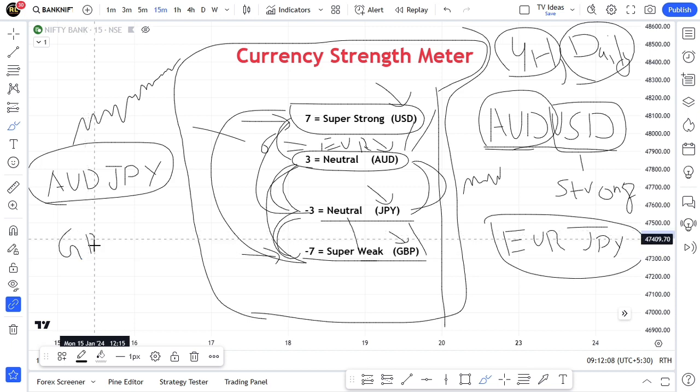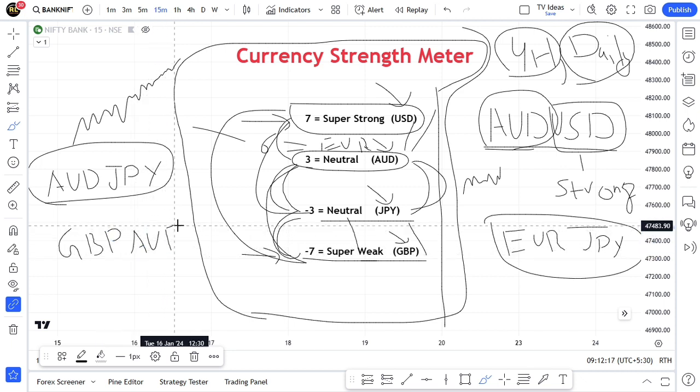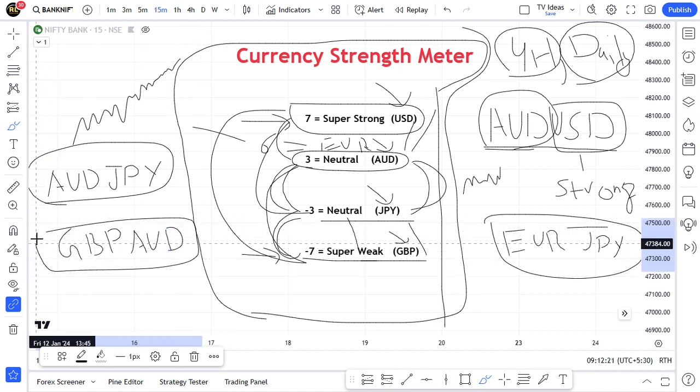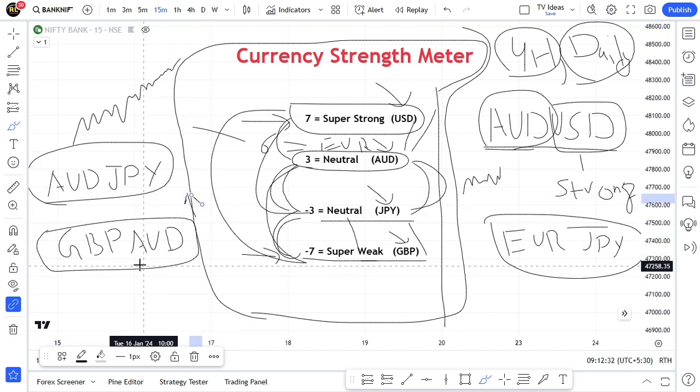As per your technical analysis, you found that it's good to go for a buy in pound odd. Please listen carefully. As per your setup, you found that it's good to go for a buy in pound odd. Which means you are trying to make pound strong compared to odd.